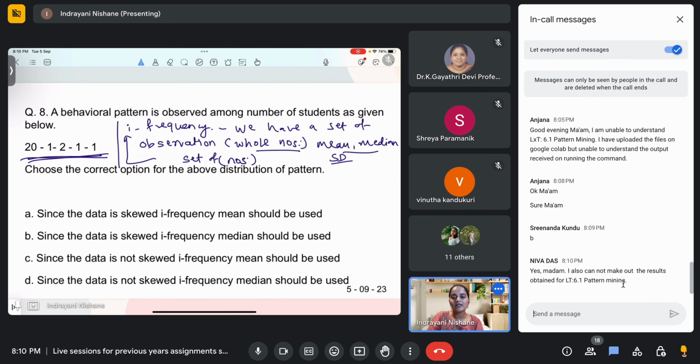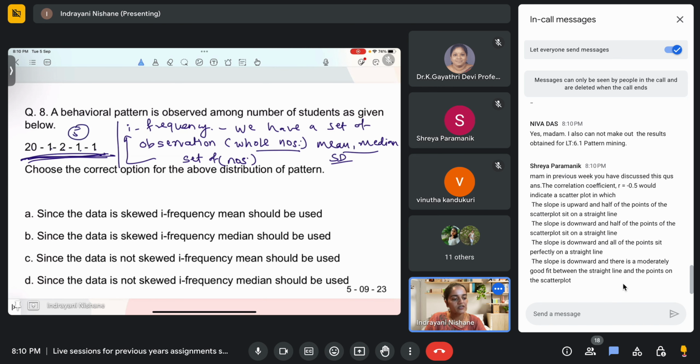Yeah, so he has clearly stated that when there is skewed data, if we calculate the mean of this, so this is observed for all 5 students, right? If we try to come up with the high frequency, then 20 plus 1, 3, 4 and 5, so 25.